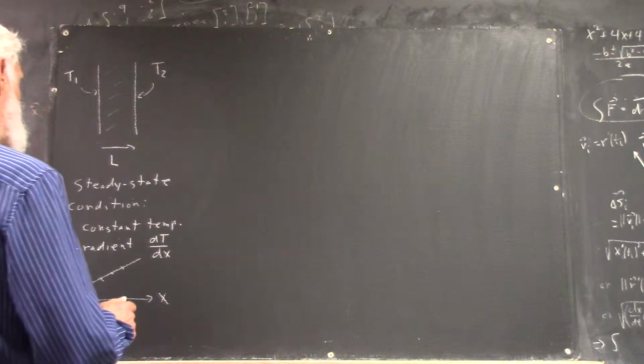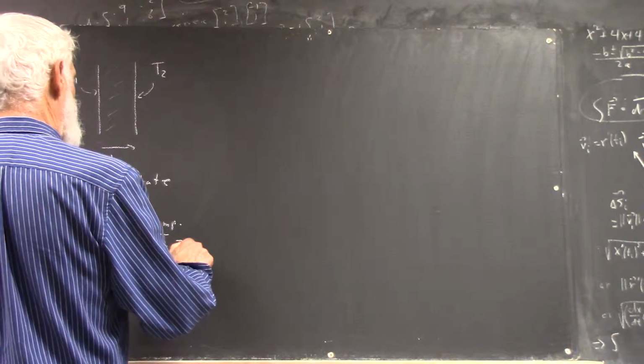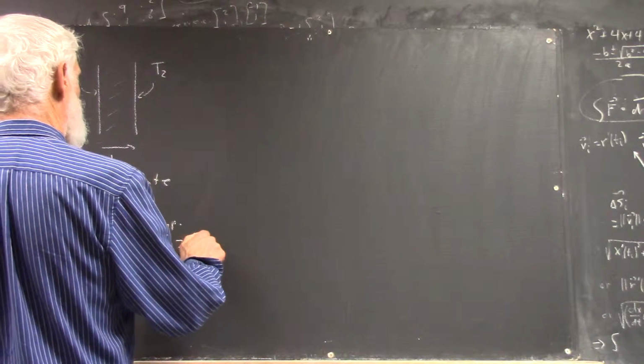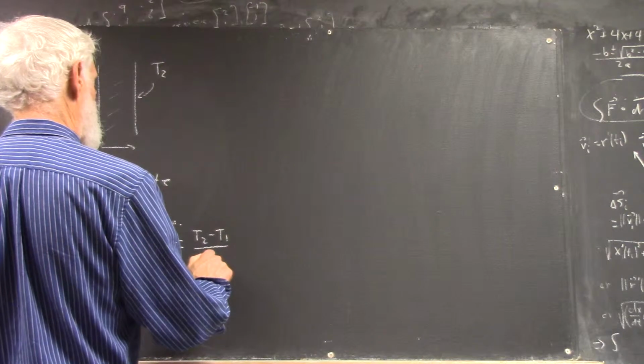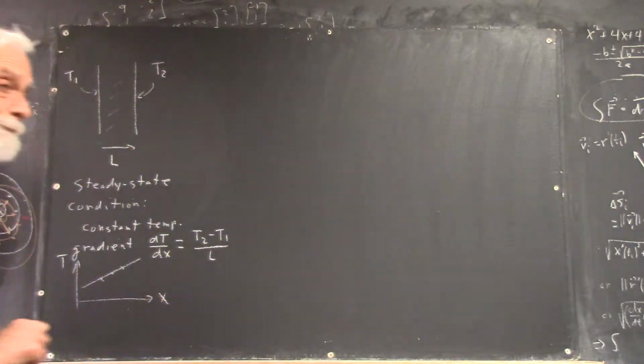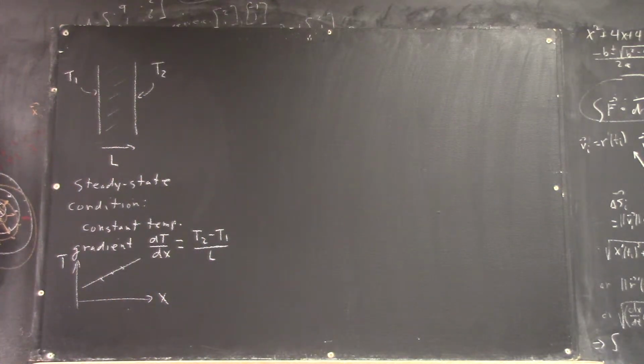So, dT/dx is going to equal T2 minus T1 over L. And that's the slope of your graph. Okay?